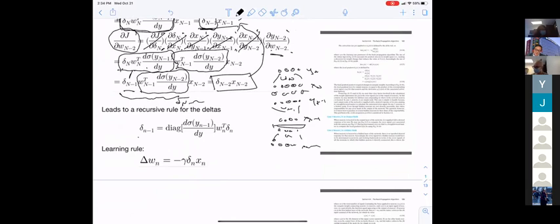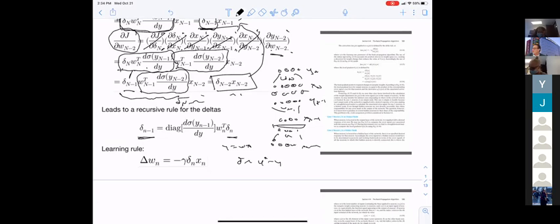So that at any level, delta n minus 1 as a function of the delta above it looks like this. Now in here, I've had abuses of notation, and if you try to write out the transposes, it's not quite going to work. I did it this way so that you could see the pattern. What actually happens is W is a matrix. If y equals Wx, then delta lives in the y space. Remember, delta looks like y star minus y.